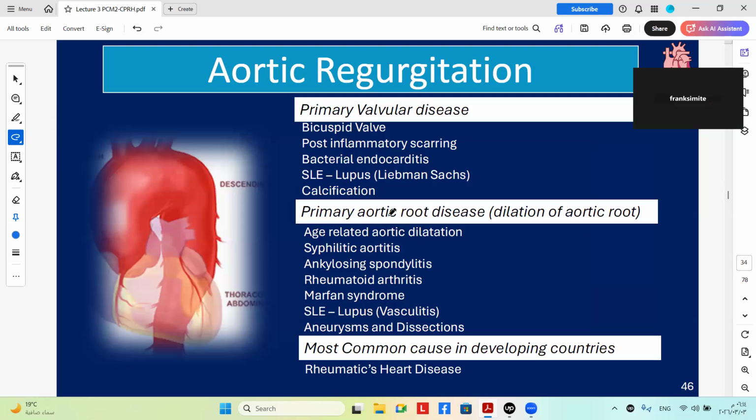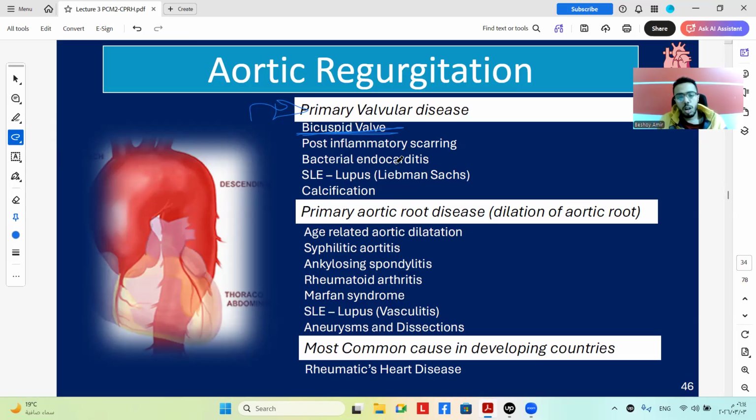Then we are going to talk a little about aortic regurgitation. It could be a primary valvular disease, the valve itself, like a bicuspid valve. It's something congenital. You're born with two cusps rather than three, so it's a little weak valve.